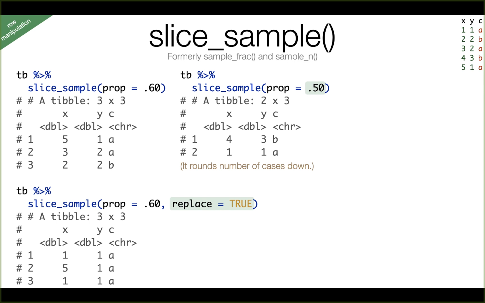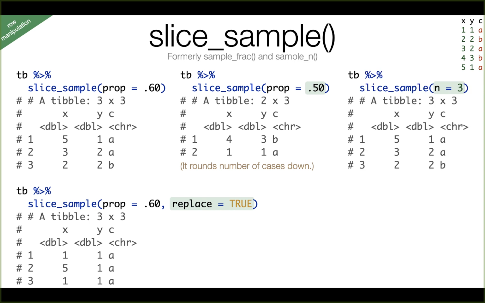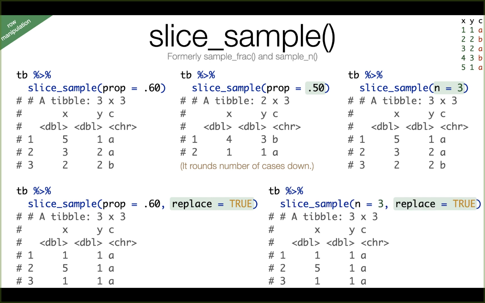What's nice about slice_sample is, one, it's called slice, so you know it's pulling out rows, and two, you can either sample by proportion, I want 50% of the data set, or by the number of observations that you want. So you would say take TB, slice_sample, n equals 3, give me 3 rows from that data set. Again, those are generated with simple random sampling without replacement. If you want it with replacement, of course you just say replace equals true.